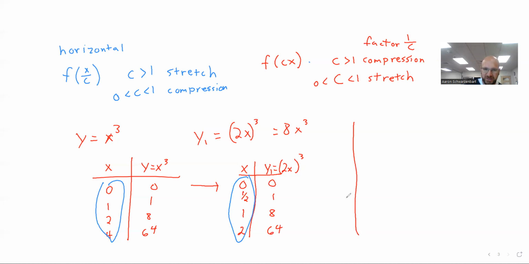On a graph, I'm not going to graph the 64. It's just too big. So my initial function, we're going to do in red. And my cubic looks like this. In general, cubics look roughly like that. My transformed one, 0 doesn't change.